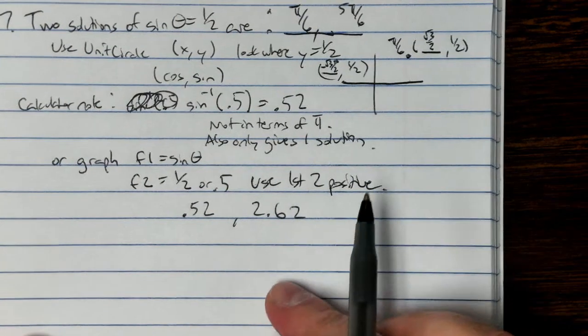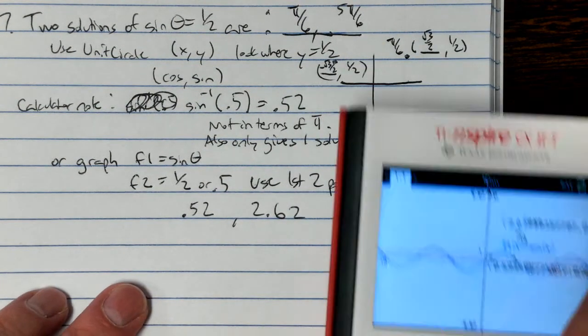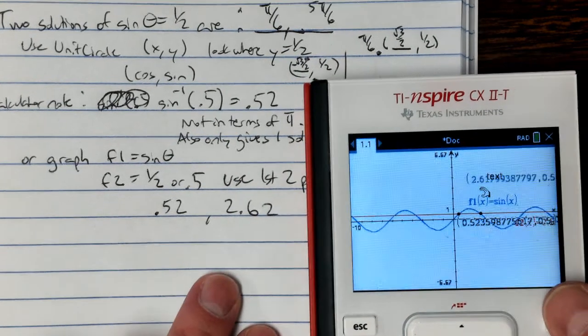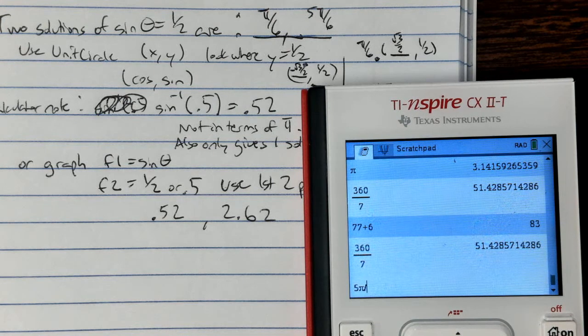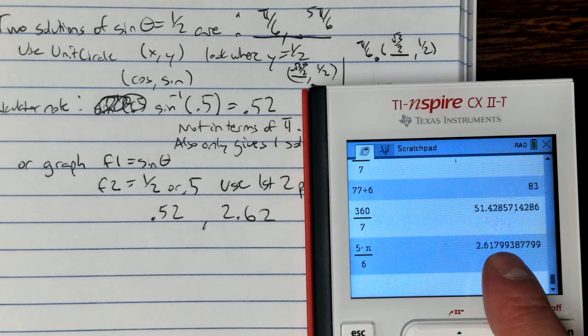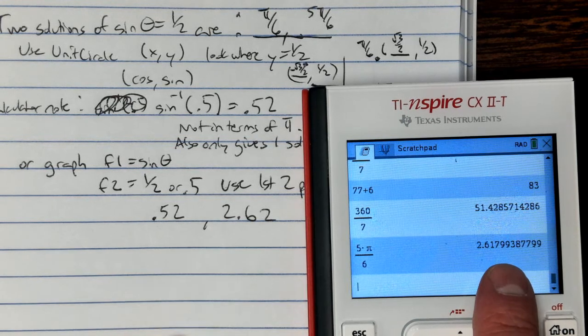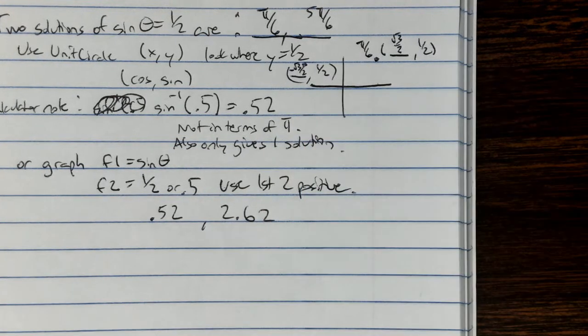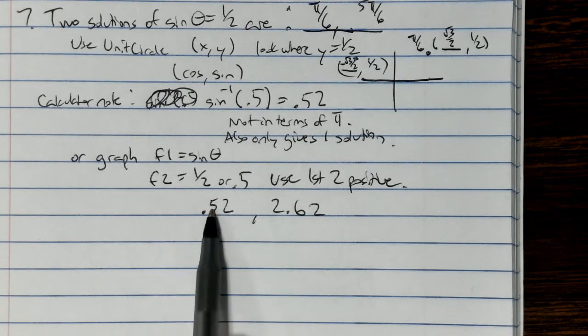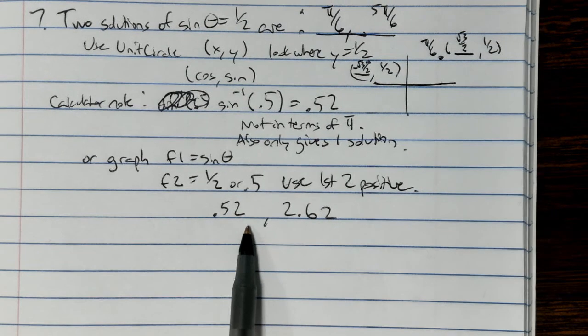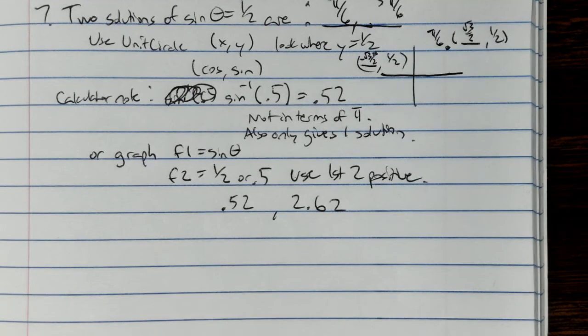And so then you'd have to put it in terms of pi. So we've already done the pi over 6, but I just want to show you the 5 pi over 6. There's your 2.62 basically. So again, all that to say, I prefer using the unit circle, but if you want to graph it, you can try to figure it out that way.